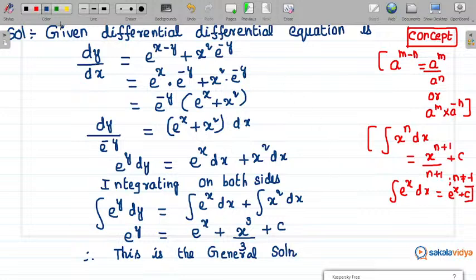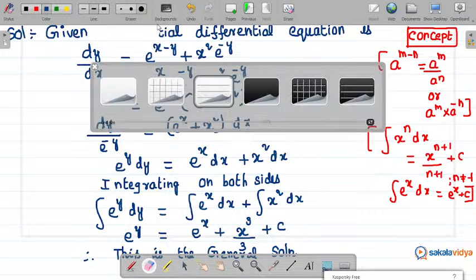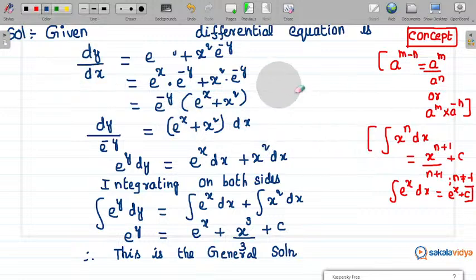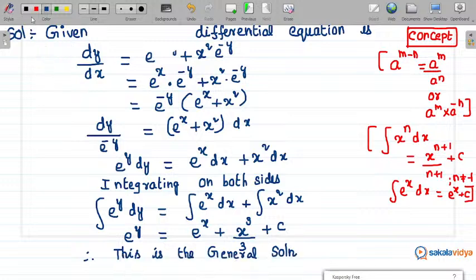Right. See, the given differential equation is dy by dx equal to e to the power of x minus y plus x square into e power minus y.